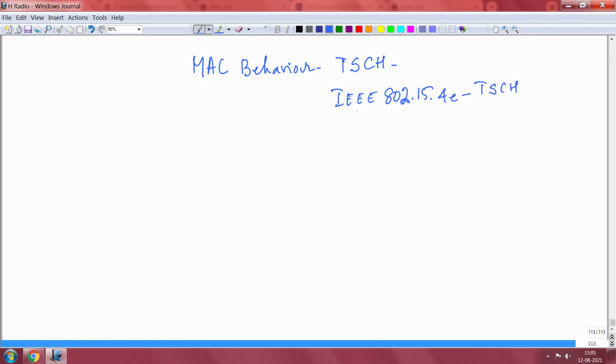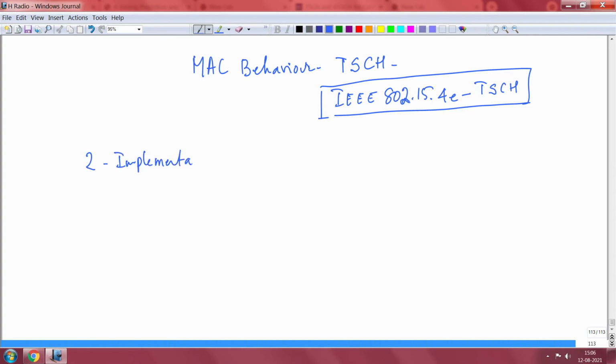You must not forget this, because you can have DSME, you can have LLDN, and so on, right. So, we are only worried about the TSCH implementation. Now, as I mentioned to you, the implementation of this TSCH MAC is not a straightforward thing. However, there are two implementations available to you.